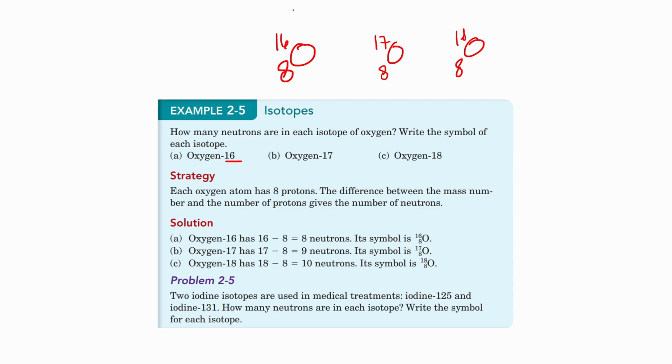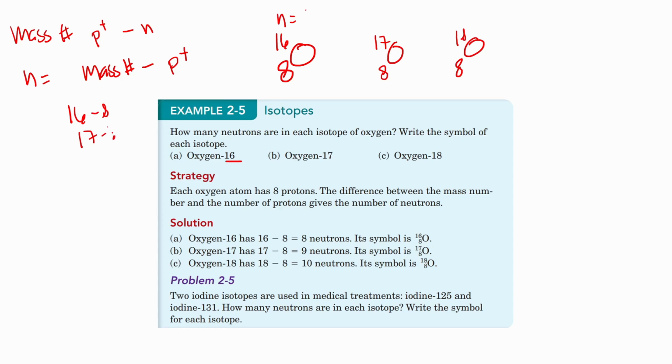How many neutrons are there in oxygen-16? Remember that mass number equals protons plus neutrons. Therefore, neutrons equals mass number minus protons. And remember, our protons are always the same. So every time that is 16 minus 8, 17 minus 8, and 18 minus 8.